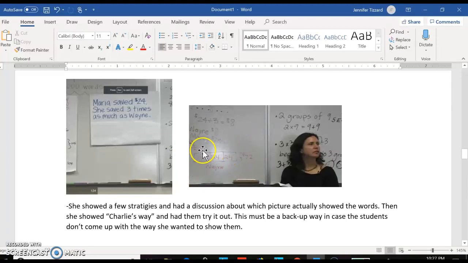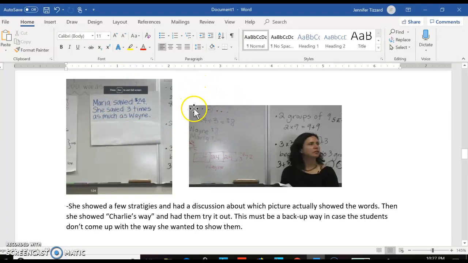Even though this was kind of the way she was hoping they would do it, they just put the wrong numbers in. She was trying to get them to connect their picture to what the words say, and teaching them that you have to show what the words are saying in your picture.